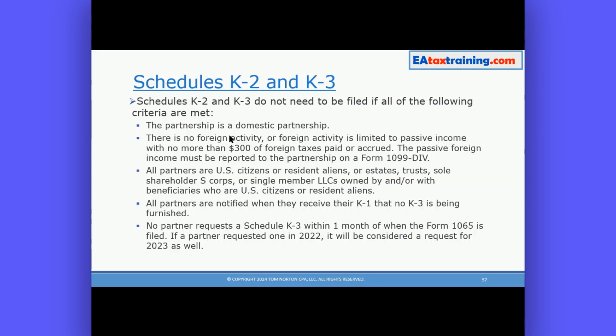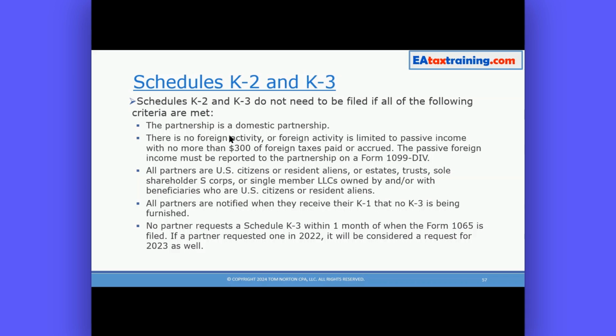Well, then you would still have to issue a K2 and K3 with this tax return. So you can't look just at the partners themselves, unless the partners are just individual persons and you know that they're US citizens, then you're fine. But if you have these other entities that are partners in the partnership, then you got to kind of know who owns those entities in order to be able to know whether or not you need a K2 and K3.